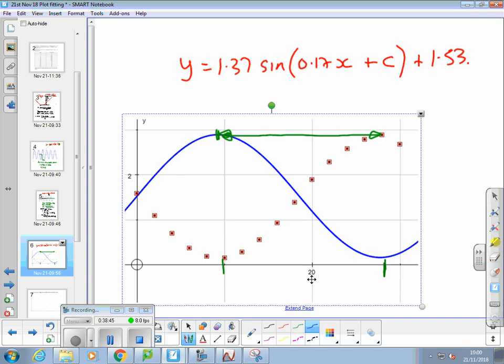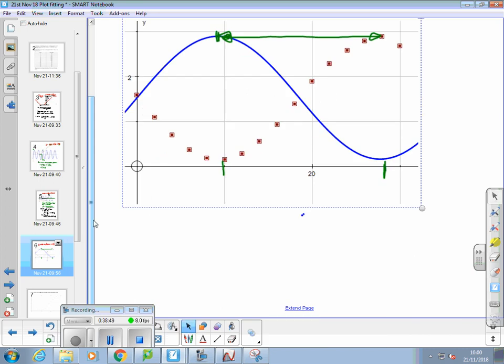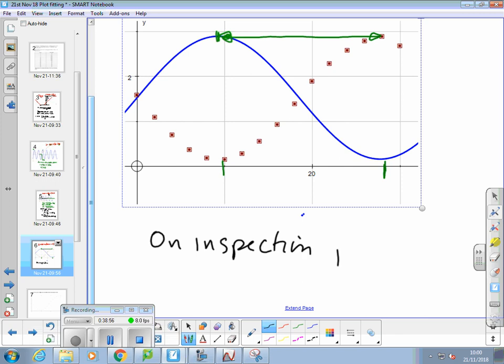So a full cycle. Let's write this down. On inspection, phase shift approximately half a cycle.